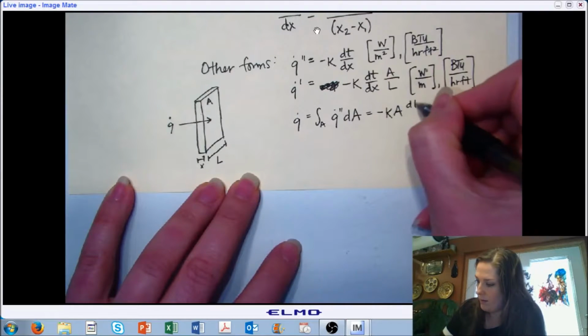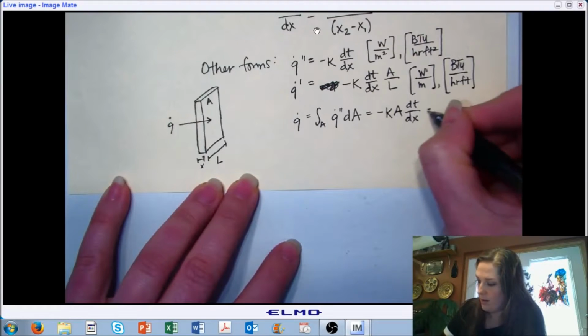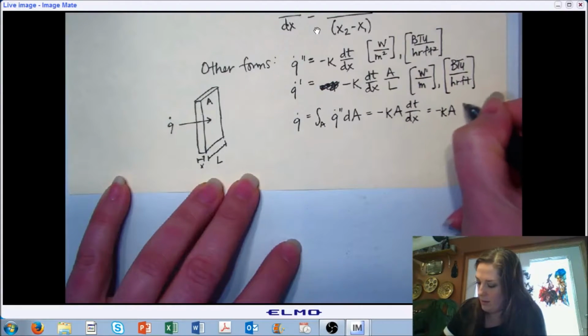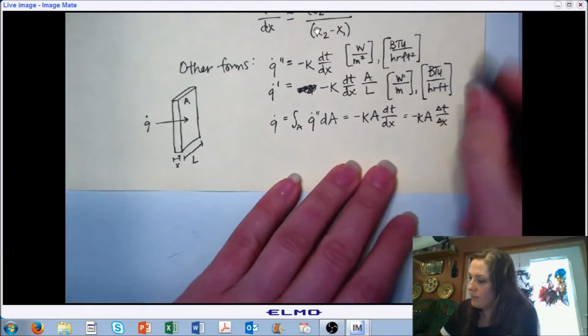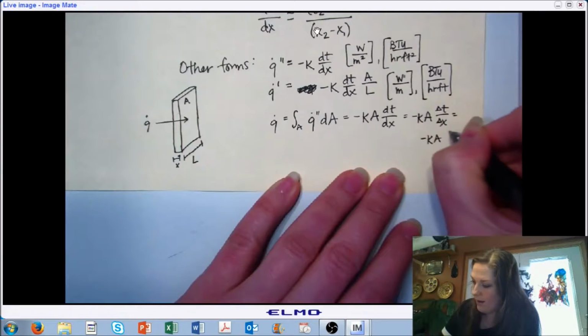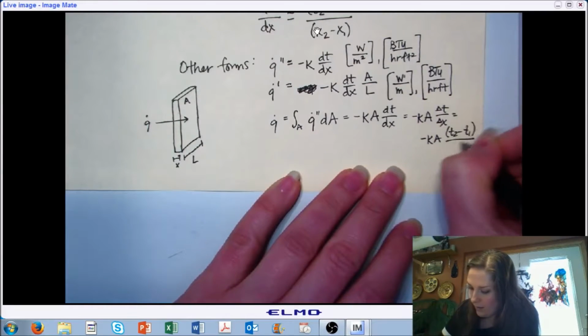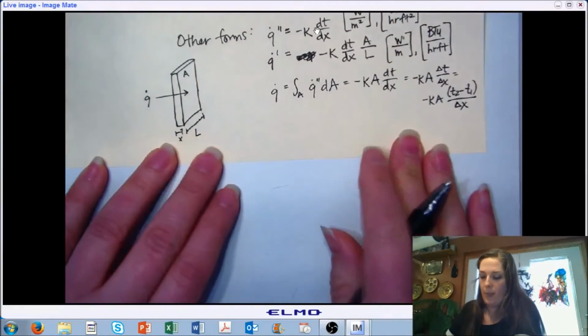K A dT dx. So we've seen that version already. We also might see delta T over delta x, and we might see it expanded out as minus k A (T2 minus T1) over delta x, or that x2 minus x1.